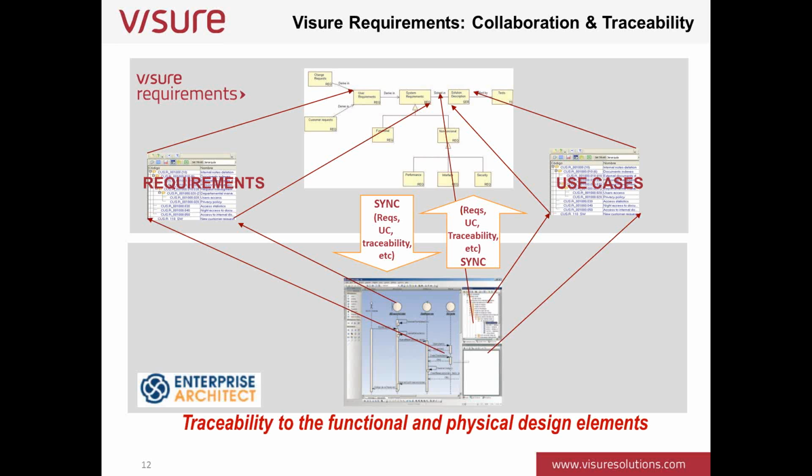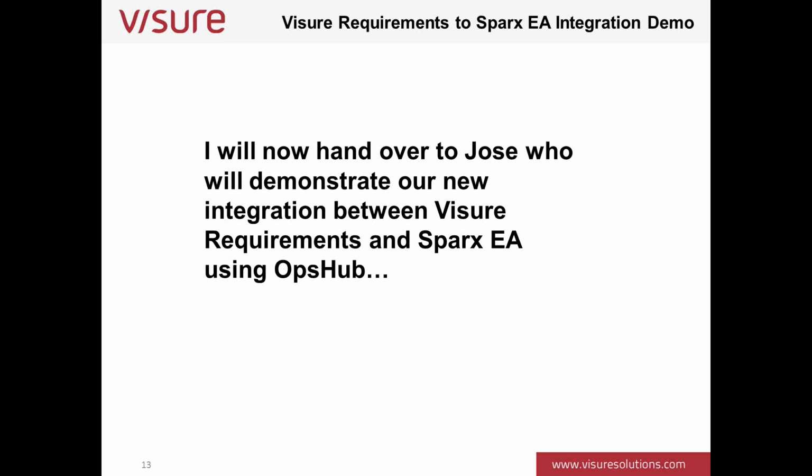And this is traceability to the functional and physical design elements running in both directions. So at this point, somehow, if I can deal with the technology, I'm going to hand back to Jose, who will show you the demonstration of the new integration we've established between Visual Requirements and Sparx EA.